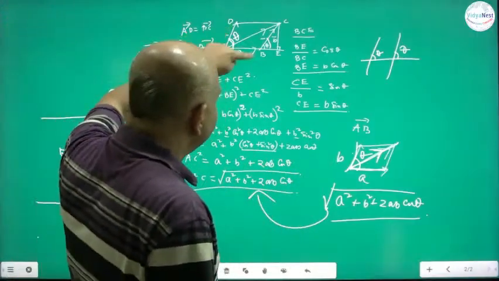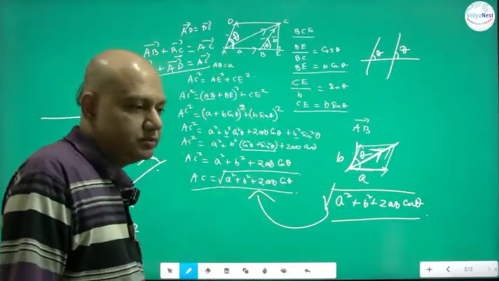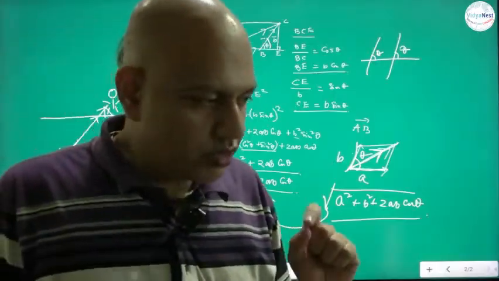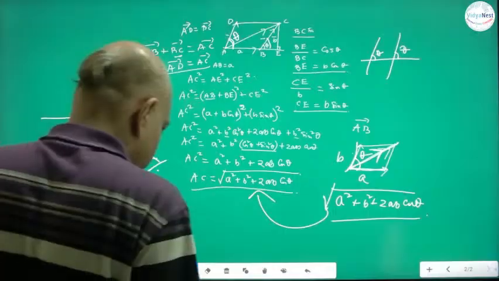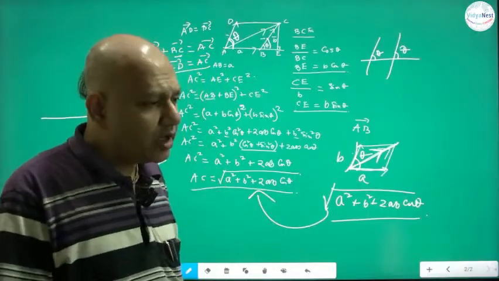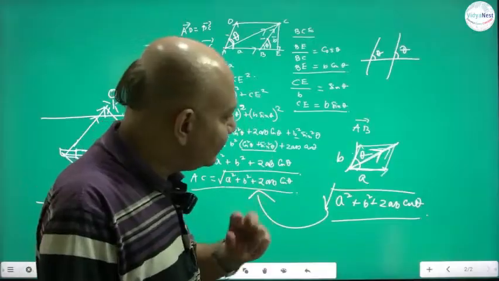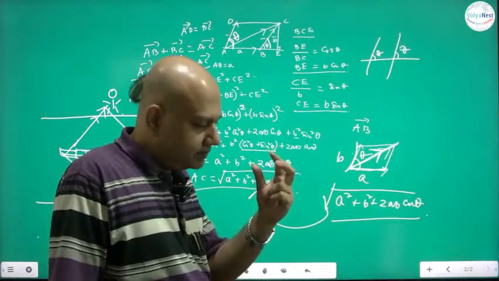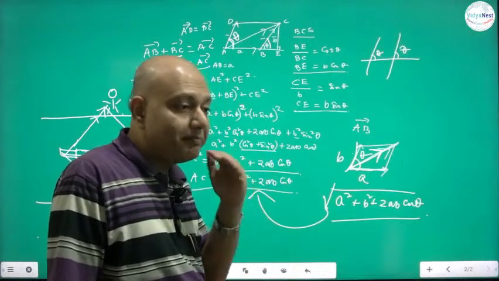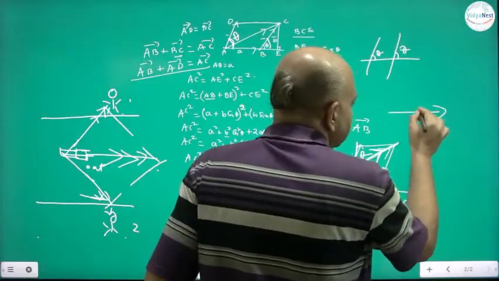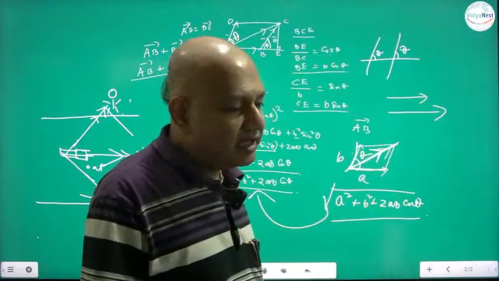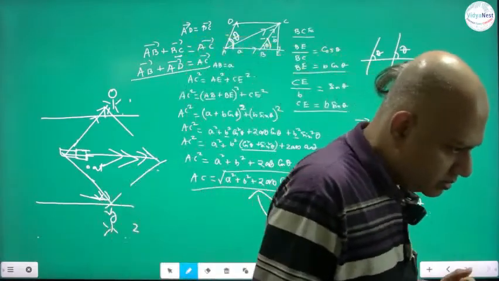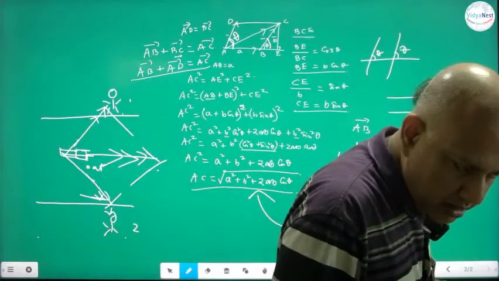So this is a parallelogram, that's why it is called the parallelogram rule. Any confusion? Very good. See, if the two vectors are parallel with each other, what is the angle between them? Angle is 0.